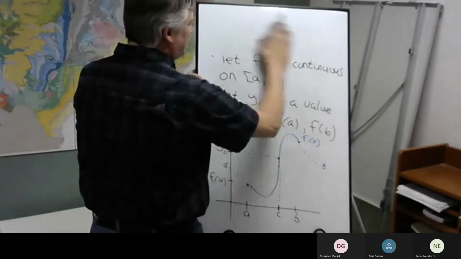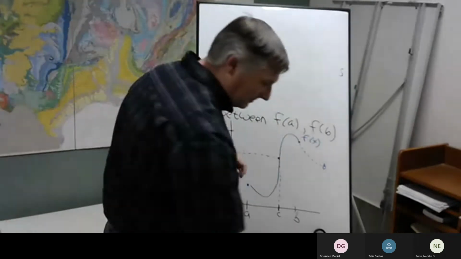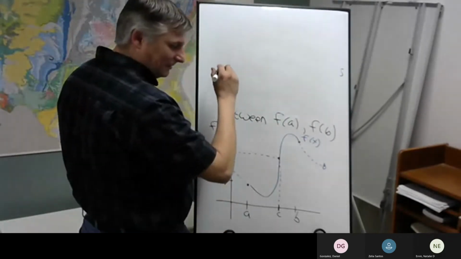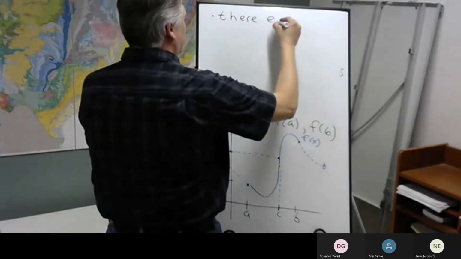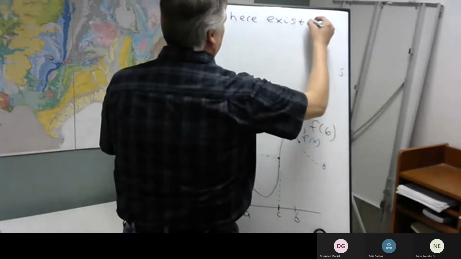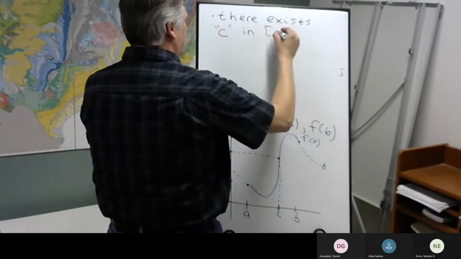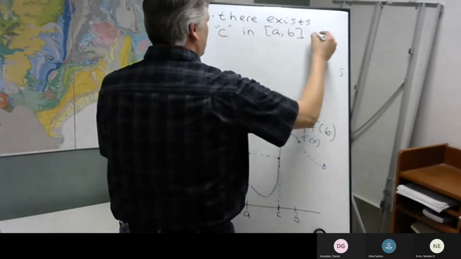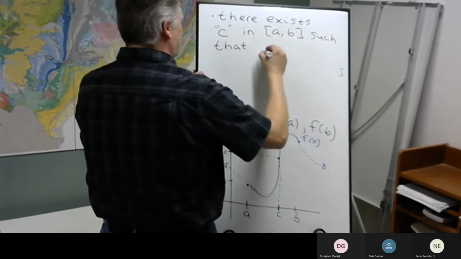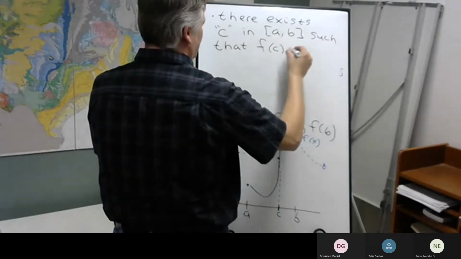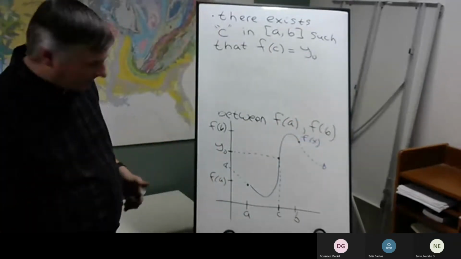Well, it's the intermediate value theorem that says that c exists. That c is going to give you y0.